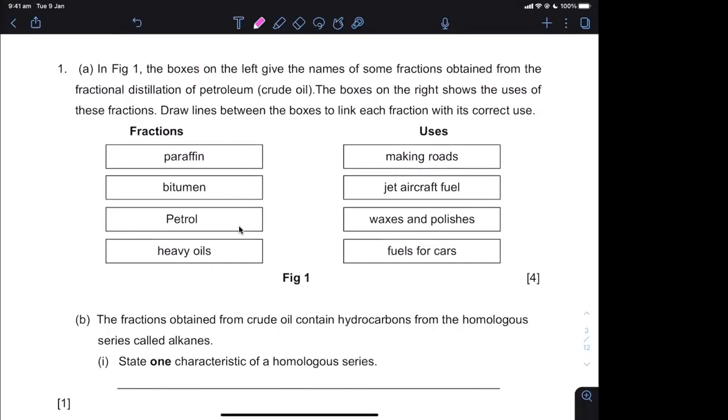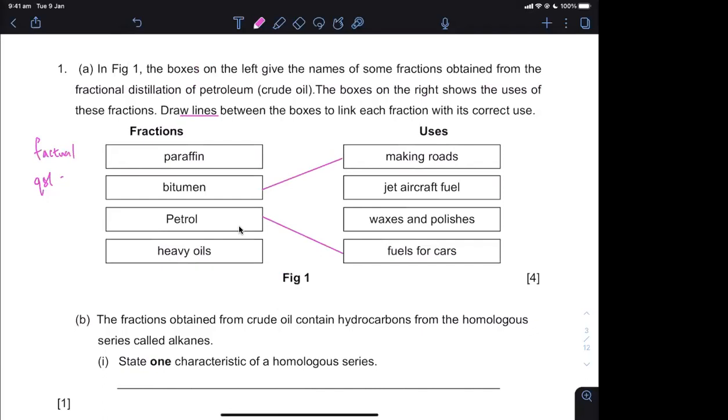So this is about drawing lines. This is a factual question. You need to know your fractional distillation, what is used for what. Heavy oil is not going to be used for making jet aircraft fuel. Let me think. Fuel for car is definitely petrol. Making roads is bitumen, the really black substance.